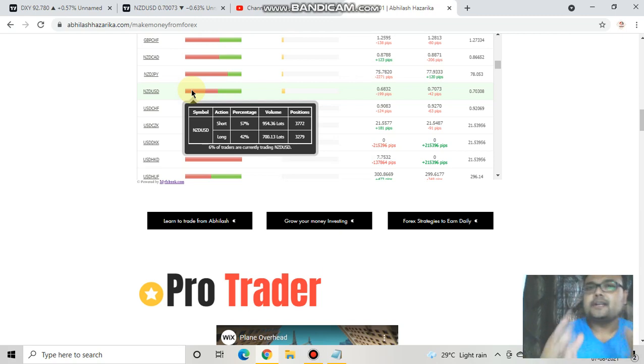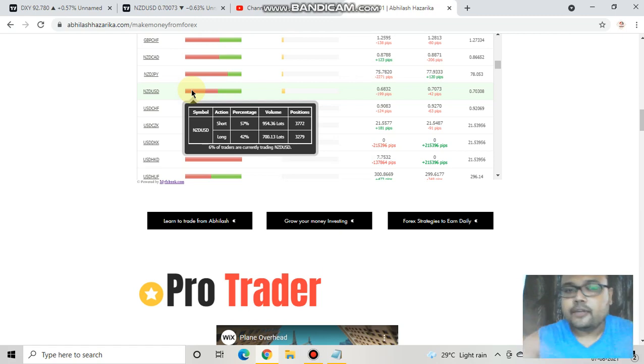So retail traders are also kind of confused. They are also not sure whether the market will be going up or down. Generally, we get a 70-30 or 80-20 ratio. But here you are seeing a ratio of 57 to 42, which clearly signifies that retail traders are also kind of confused whether the market will be going up or down.